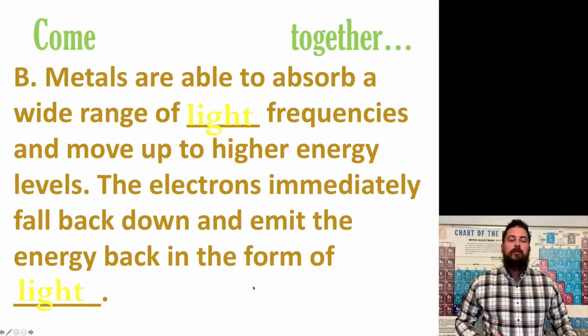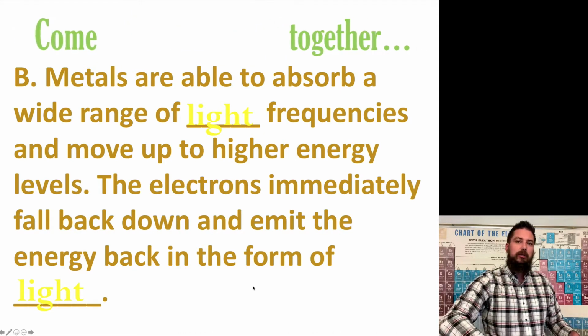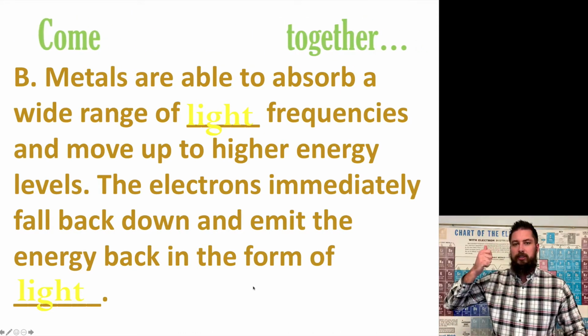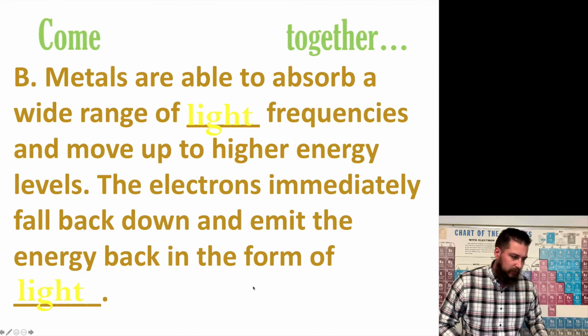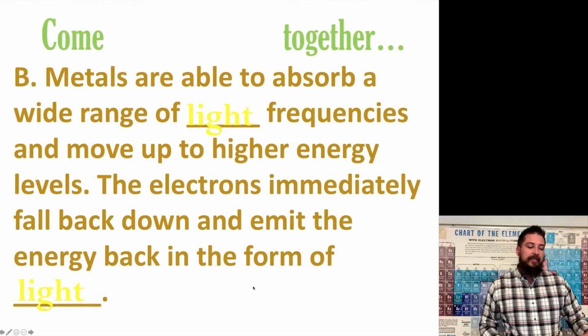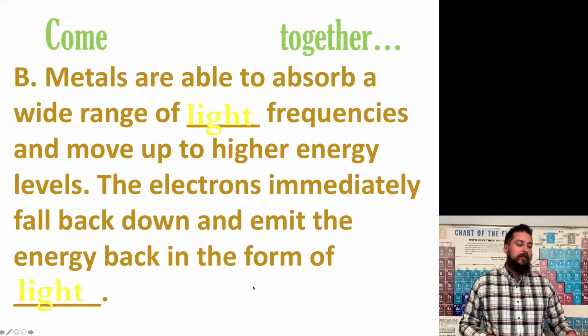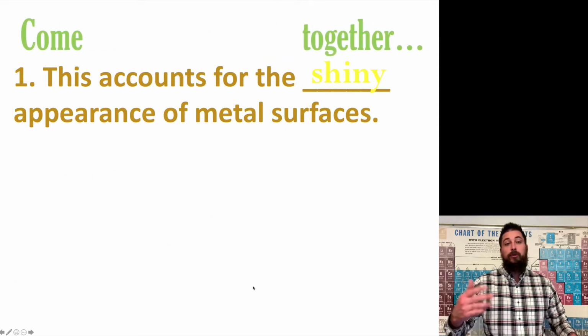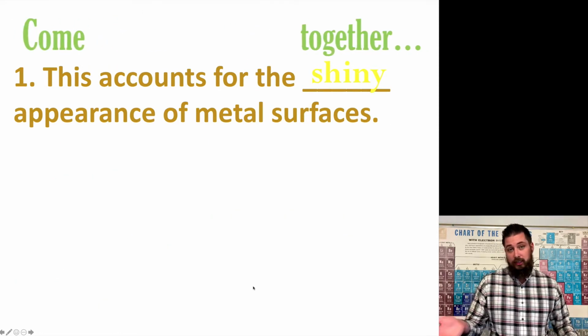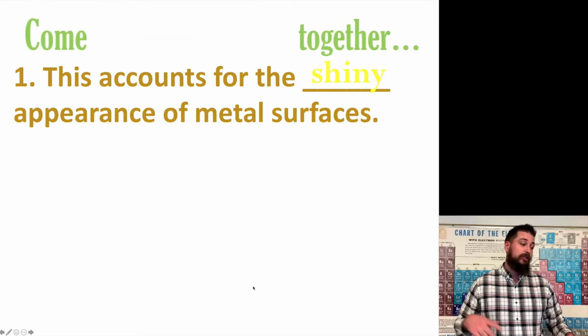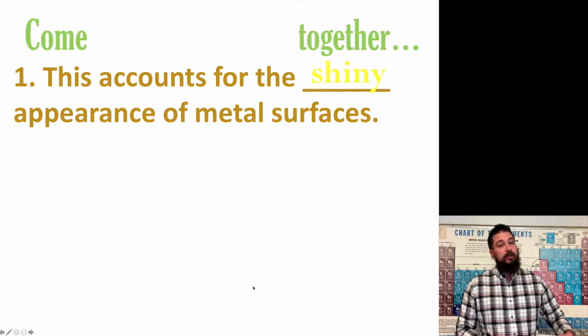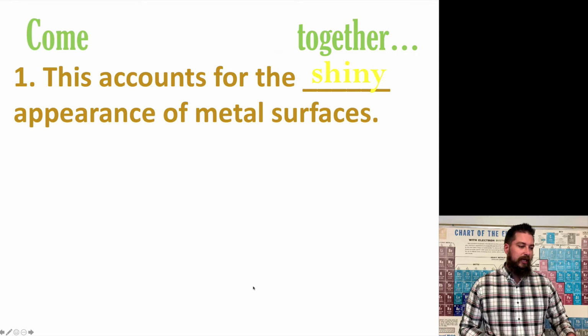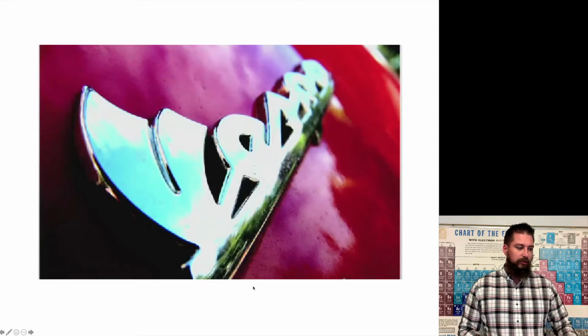When they fall back down, they emit the energy back in the form of light. This accounts for the shininess that you see in certain metals. So some metals are shiny because of this. There we go, shiny.